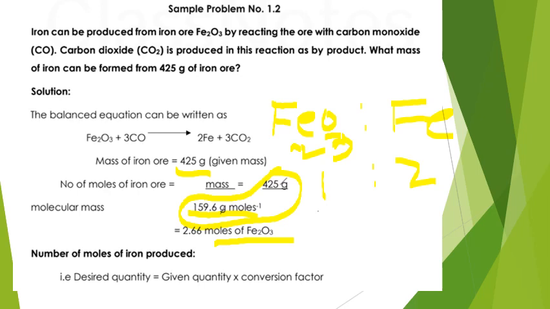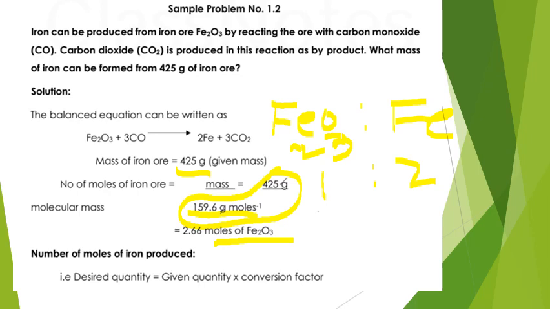Right? Now the next step is to find the conversion factor and apply it to get the desired quantity of iron in moles. The conversion factor can be found from the given equation.